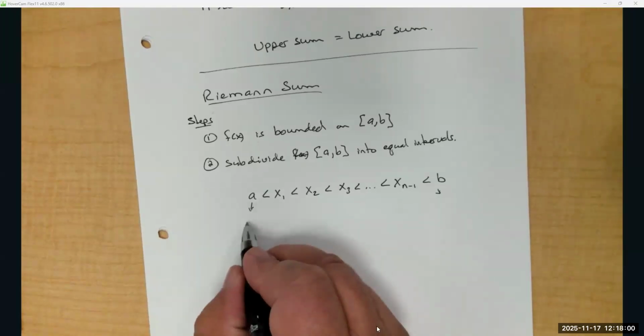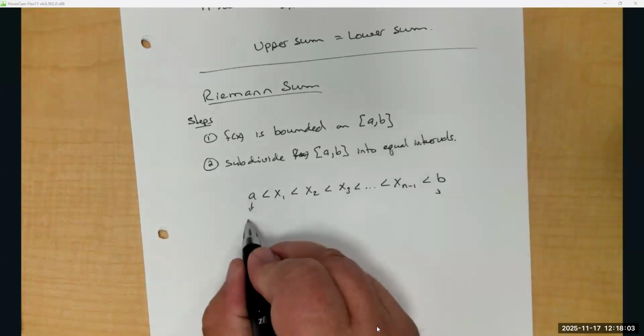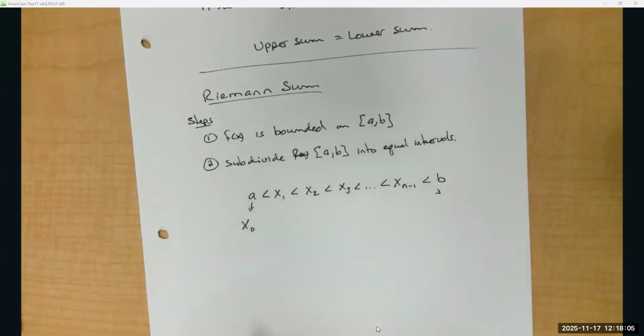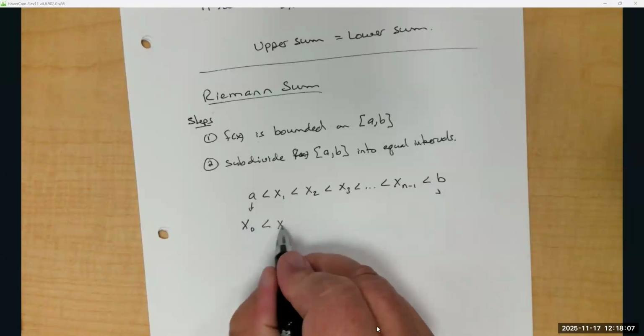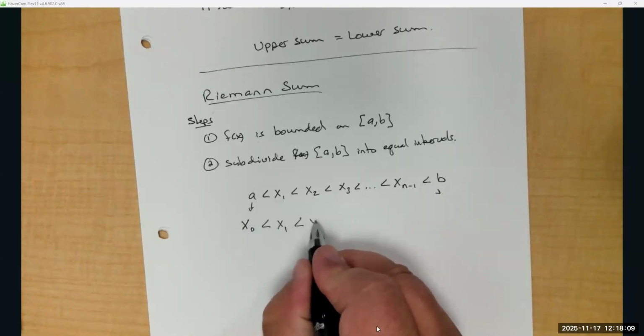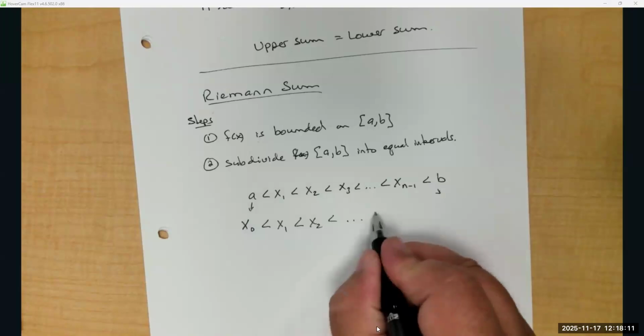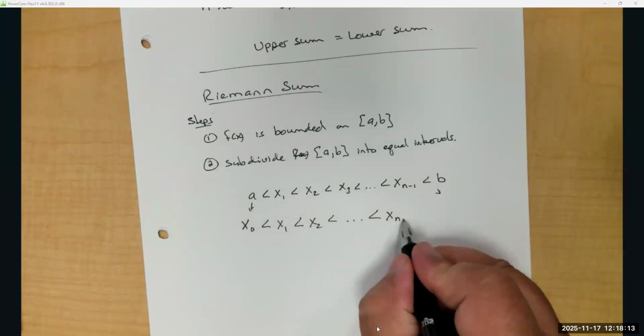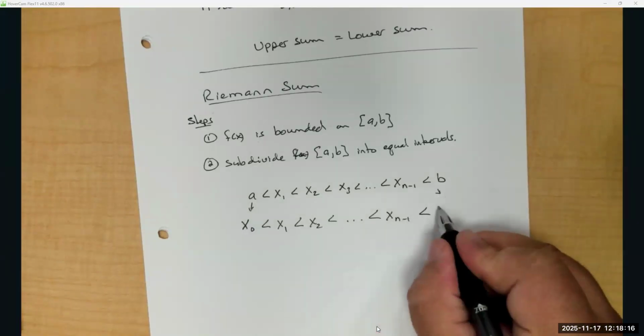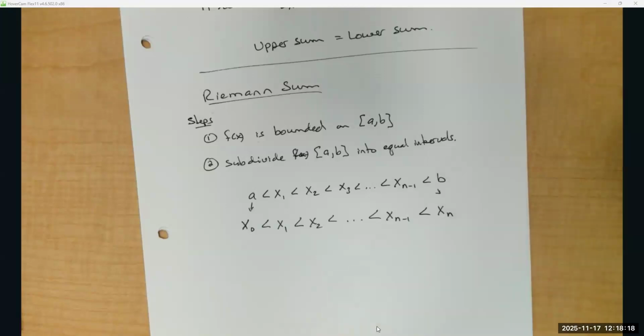A would constitute, in this case, the initial x value. And then B would be the x sub n, the last value in the sequence.